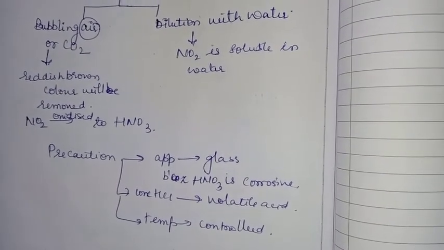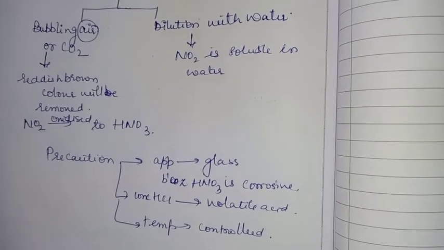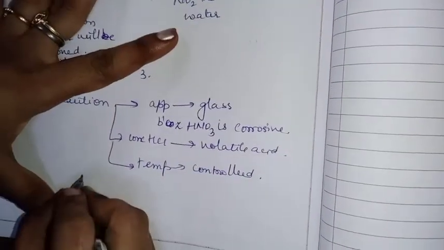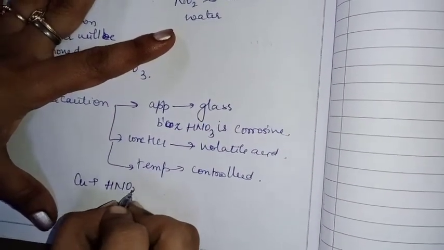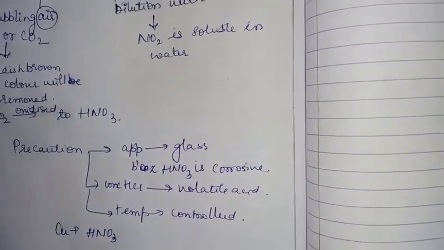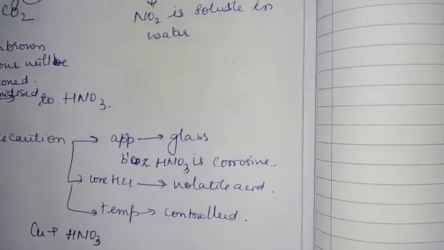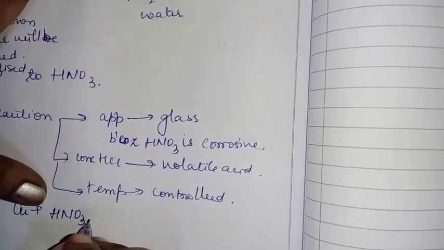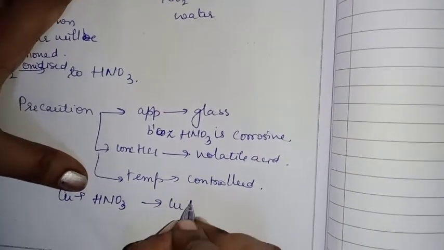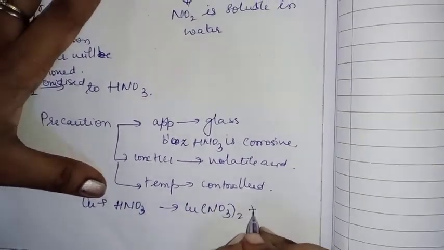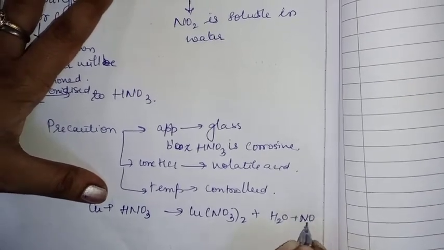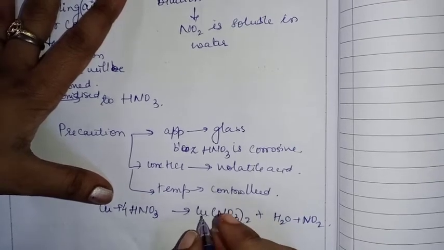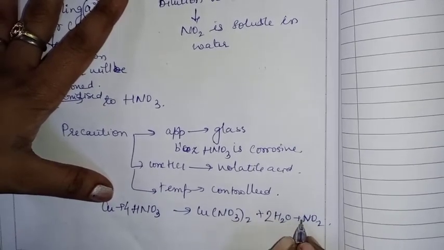Also, on heating with copper turnings, when we treat copper with nitric acid, children, it will release copper nitrate plus water plus nitrogen dioxide gas. Here we are getting hot acid, so the reaction will be balanced this way.